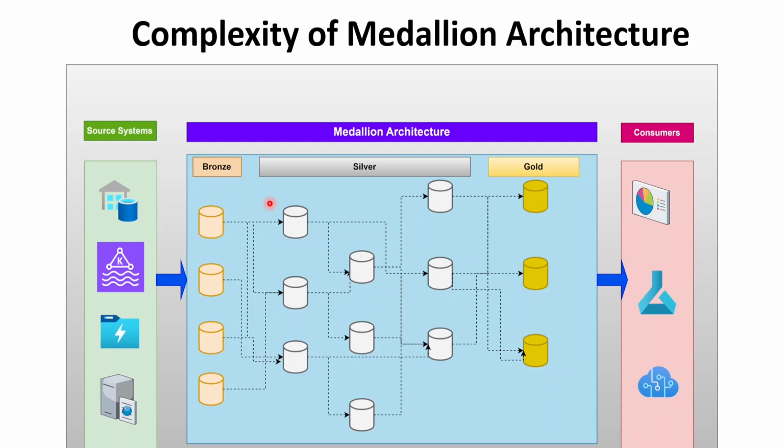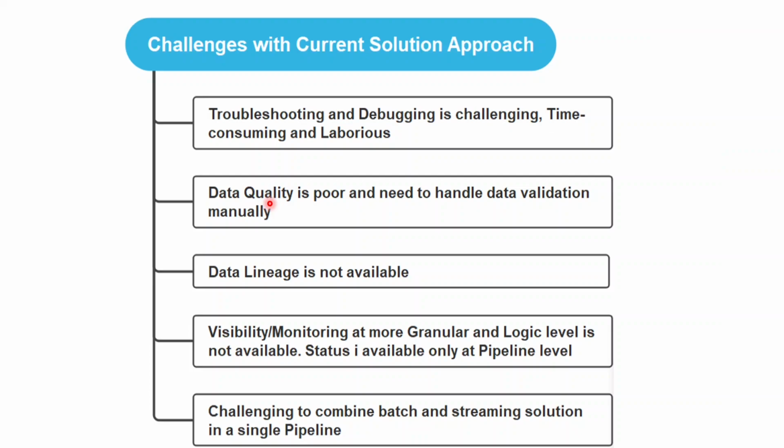Then we don't have any metrics on how many records violated those standards. Maybe manually we can create some error log table, or we can create some location in the Azure Data Lake Storage in order to track those failed records. And it's going to be time consuming to create that manual logic in each and every place. So data quality is going to be poor, and we need to handle that manually.